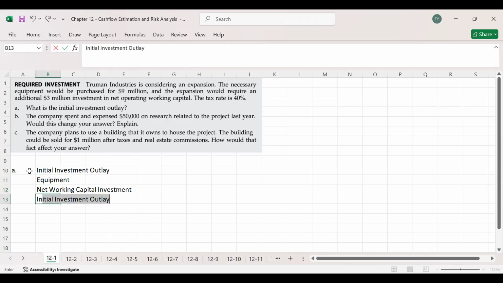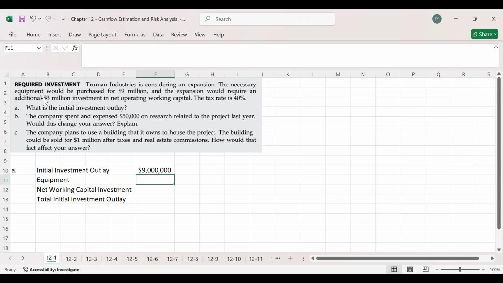So it will be the total initial outlay. Here we have $9 million, then we have a $3 million investment amount.